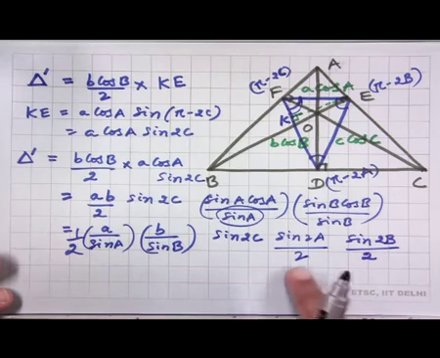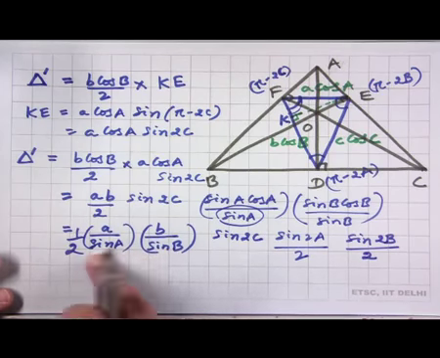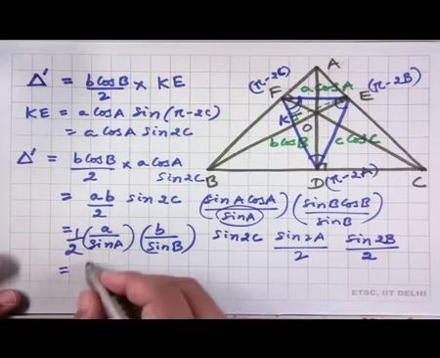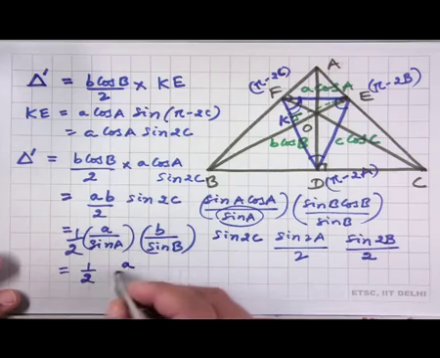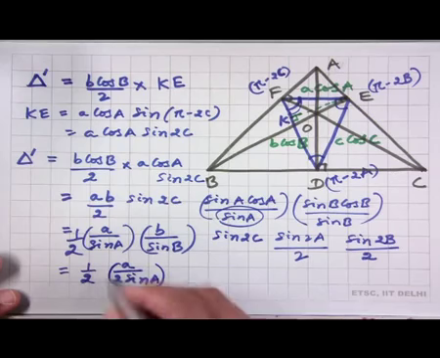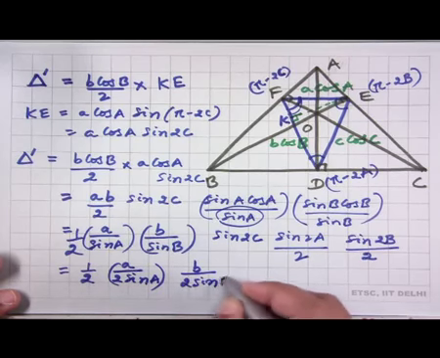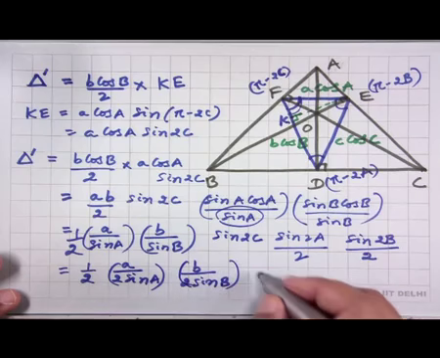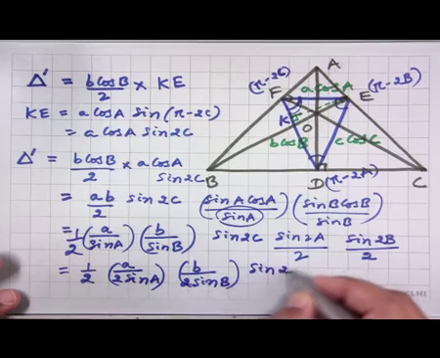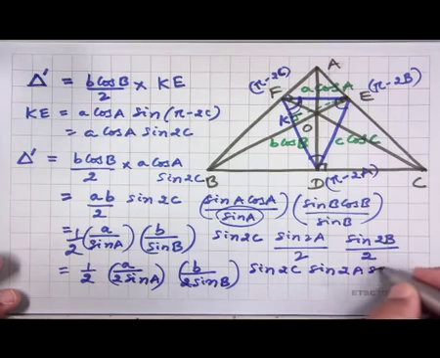So, now we move these 2's inside these two terms here, so that this becomes equal to half into a by 2 sine A times b by 2 sine B times sine 2C into sine 2A into sine 2B.